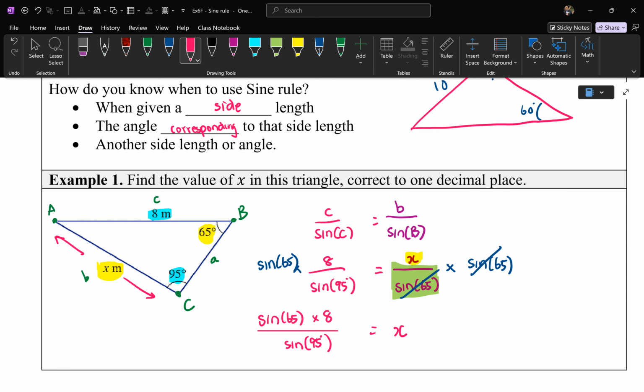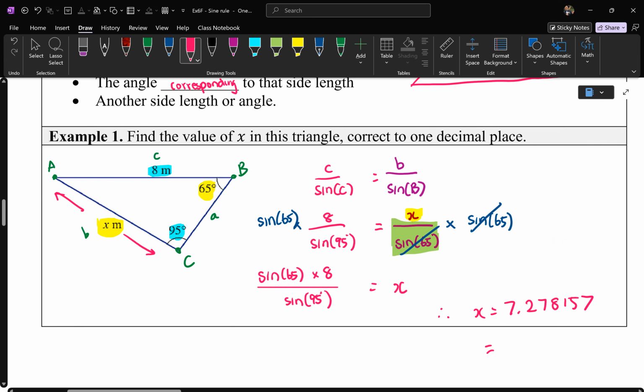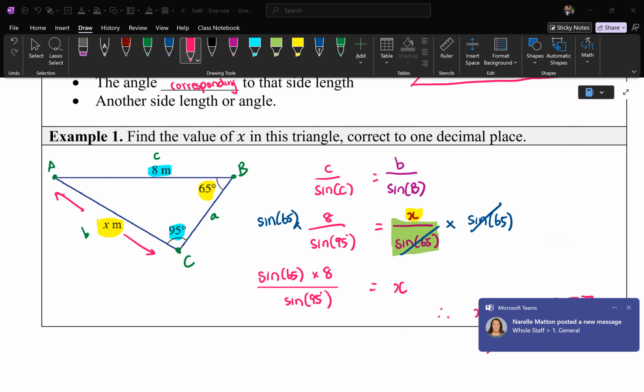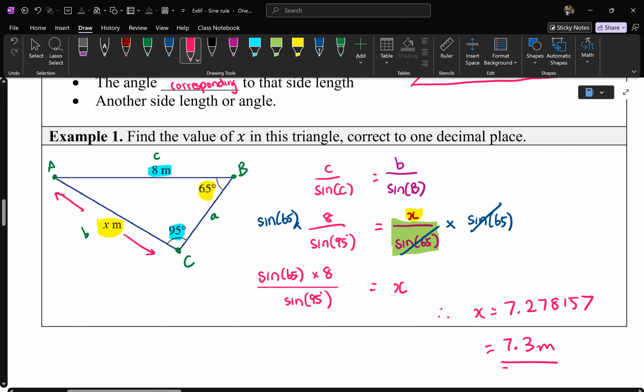Sine 95. Did you all get 7.278157? All right, good. That's the side length in meters. It says correct to 1 decimal place, so the answer should be 7.3 meters.